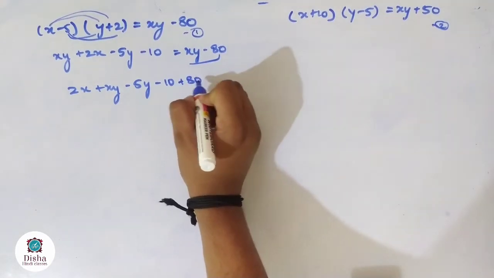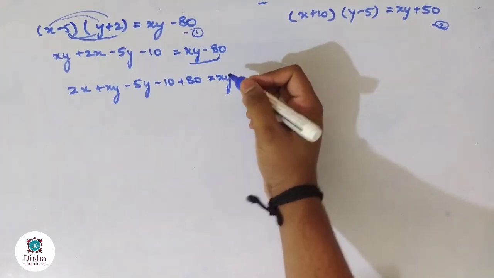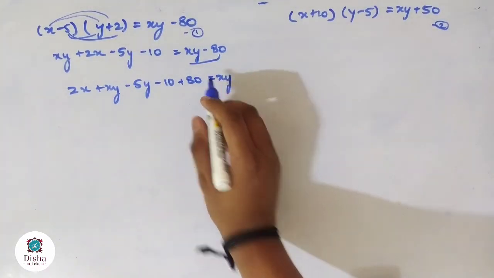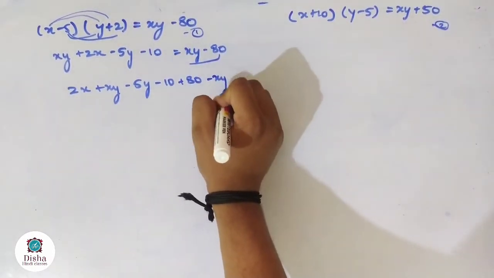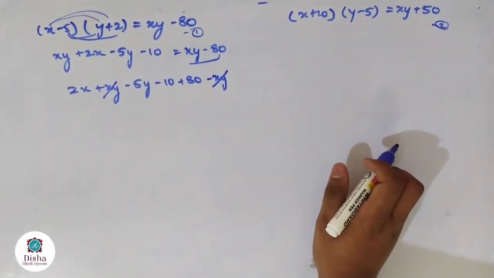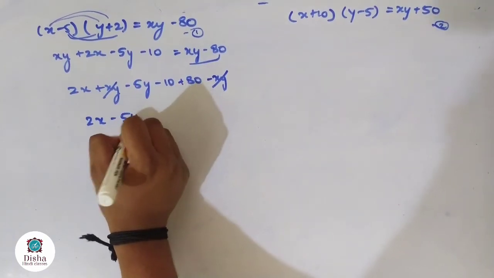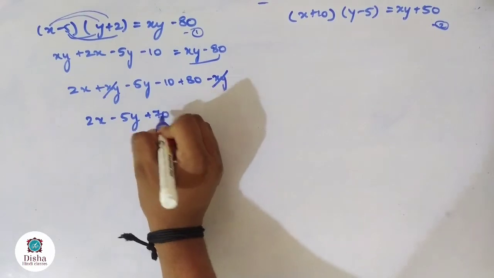So plus 80 equals xy. If you bring this xy also to the LHS, it will become minus xy. So plus xy minus xy get cancelled. We have 2x minus 5y minus 10 plus 80. It will become plus 70.